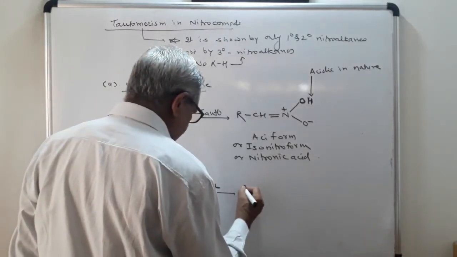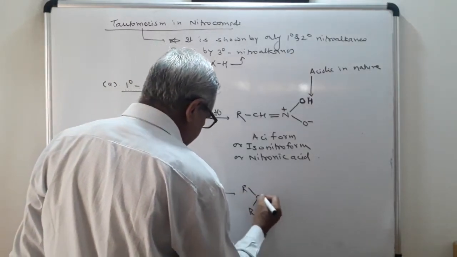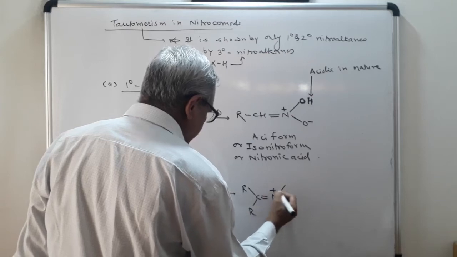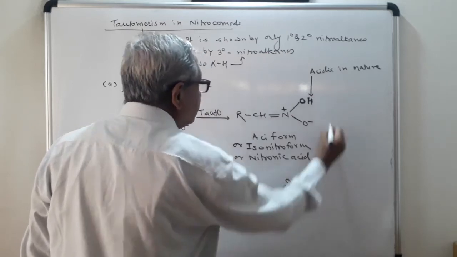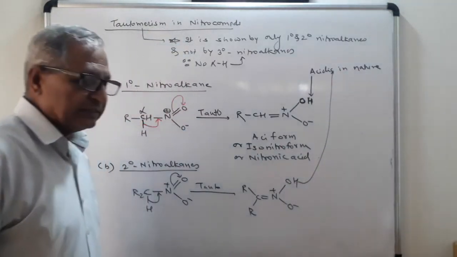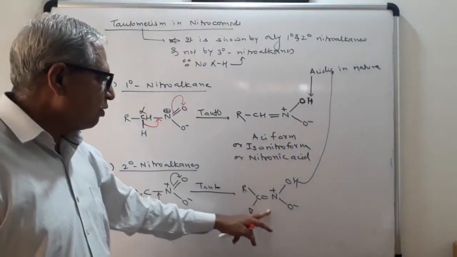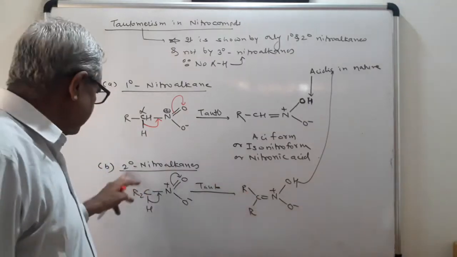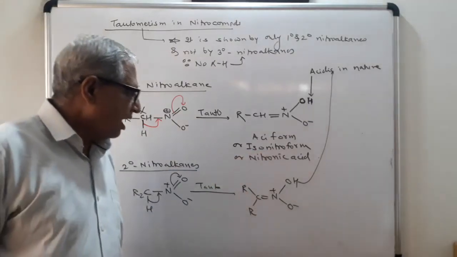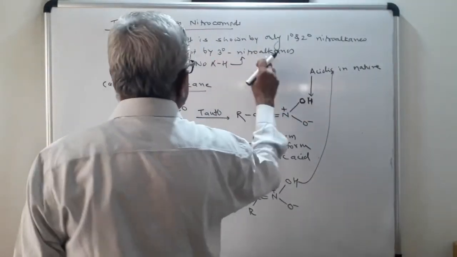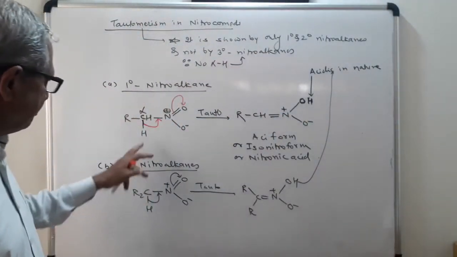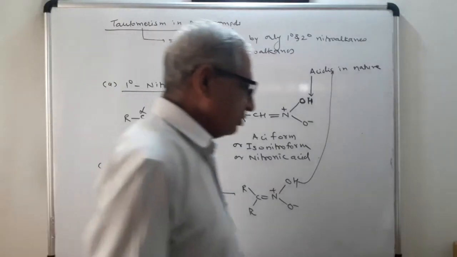So you will get here R2C double bond N positive charge, OH, O minus, and this hydrogen atom is again acidic in nature. Therefore it is also the aci form of the secondary nitroalkane. It is the isonitronic acid. But remember that it will not be shown by the tertiary nitroalkane because there is no alpha hydrogen atom.